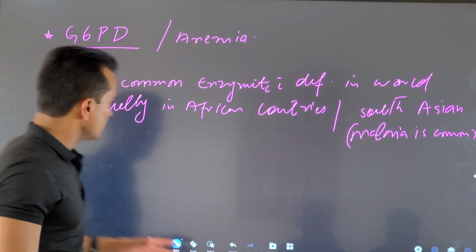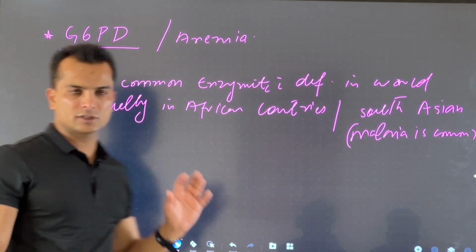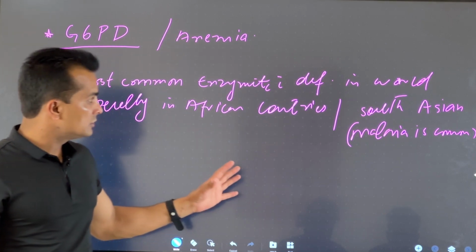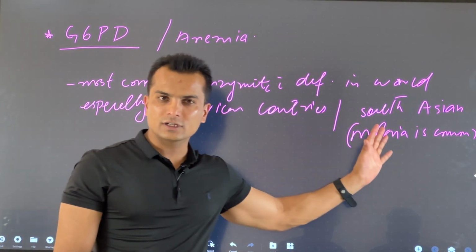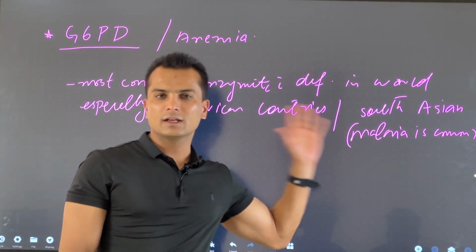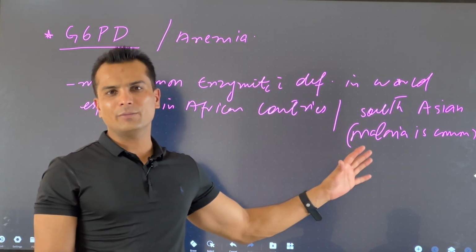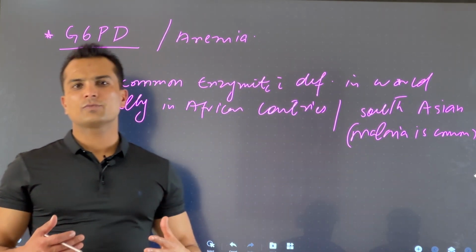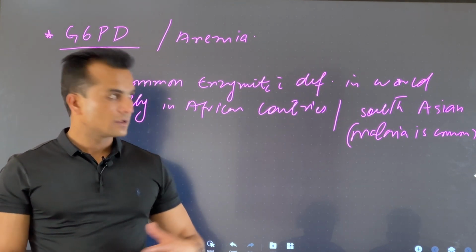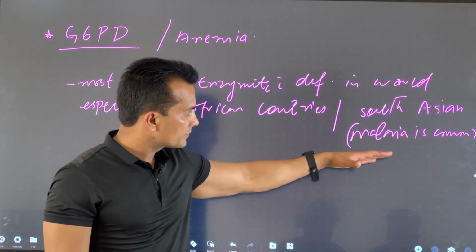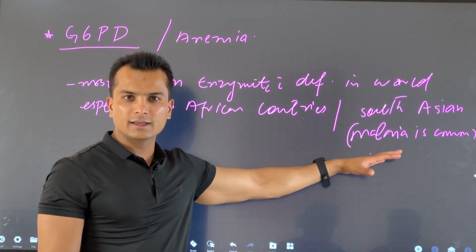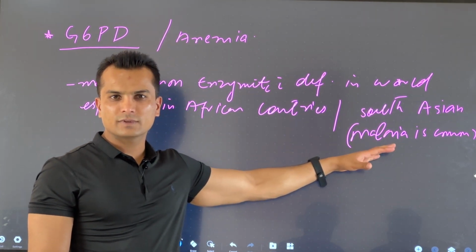Now what happens if there is deficiency of G6PD? As I have already mentioned, G6PD is commonly deficient in South Asian countries, especially the malaria endemic regions, and we also have a lot of malarial cases in our country.